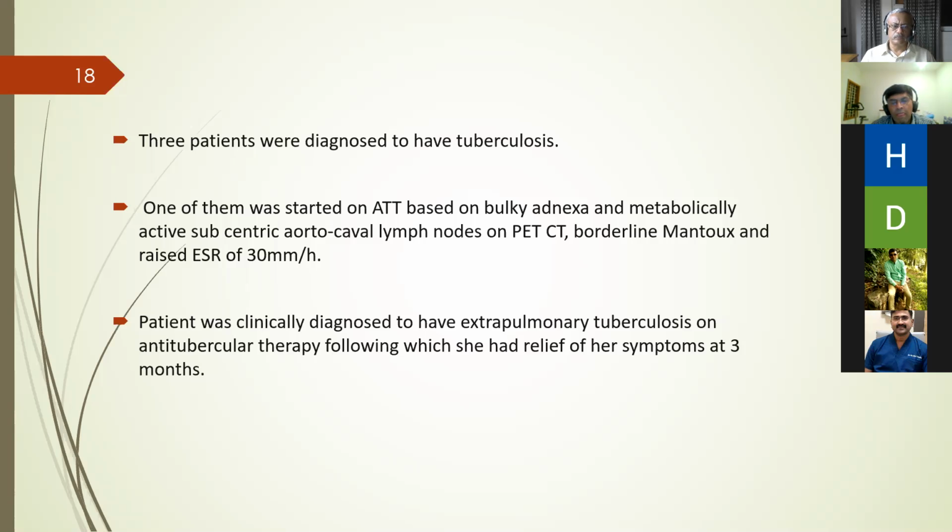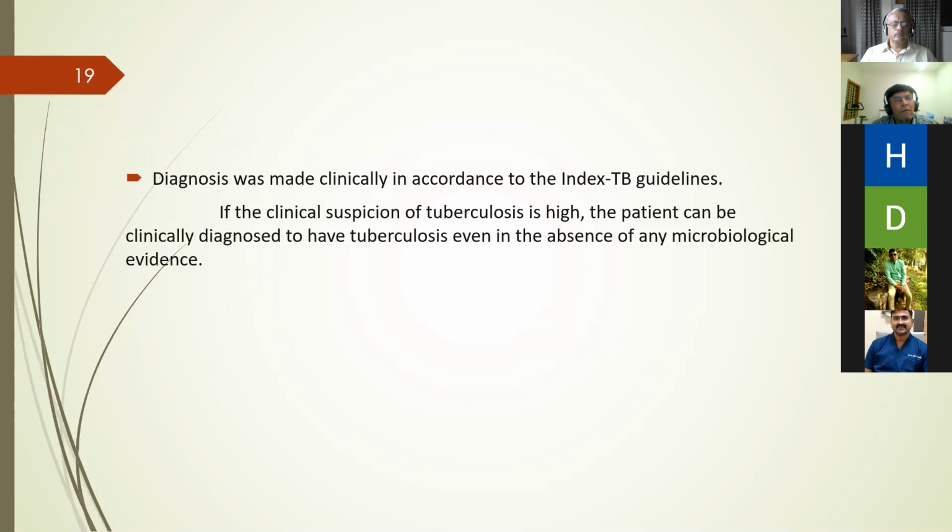The patient was clinically diagnosed as extrapulmonary tuberculosis, ATT was started, and pain and symptoms were relieved at 3 months. The diagnosis is made according to the Indian TB guidelines. If the clinical suspicion of tuberculosis is high, even in the absence of any microbial evidence, it is clinically diagnosed as tuberculosis.